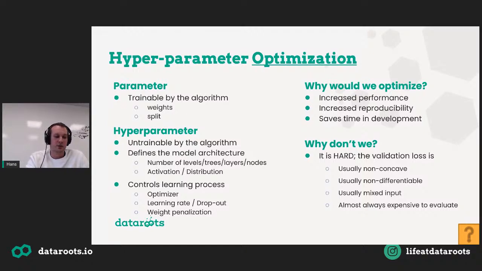We use mixed input, both categorical and continuous hyperparameters. So it's by definition hard to optimize, and it's almost always expensive to evaluate, because every time we try a new set of hyperparameters, we have to train the machine learning model all over again, which can take a long time before you get your results.